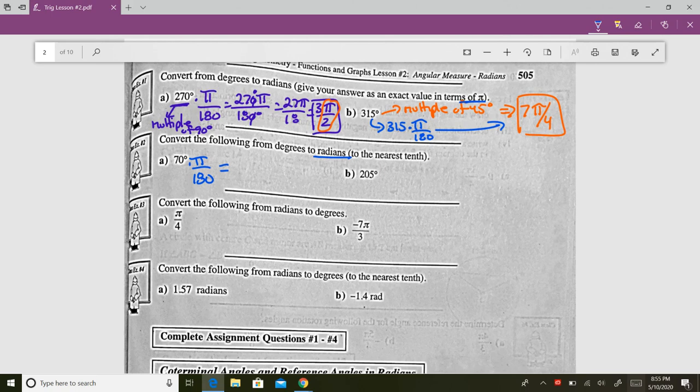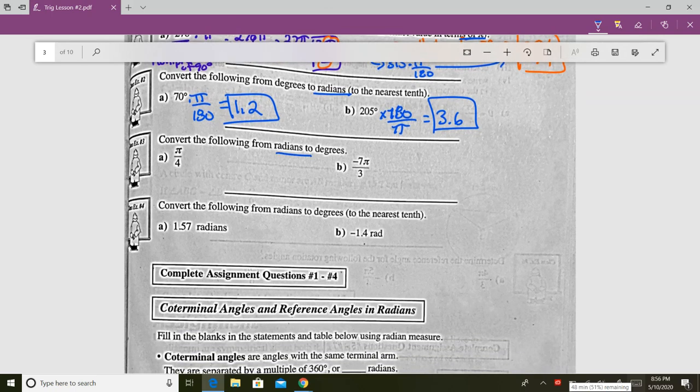So you would go 70 times pi, and divide by 180, and you will get, to the tenth, so the first decimal, 1.2. And again, no units for rads. Times by 180 over pi, and you're going to get 3.6.